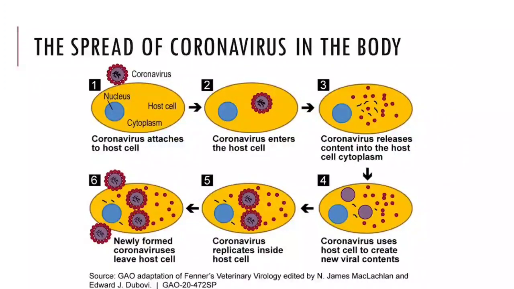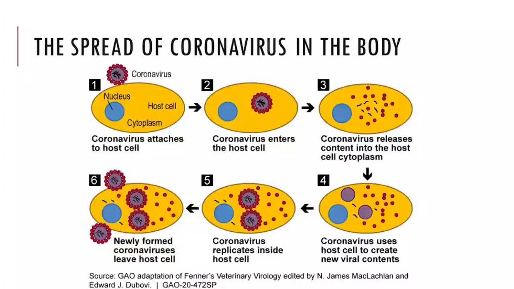To prevent the coronavirus, we have to understand the nature, how the coronavirus is being spread in our body. Now, coronavirus needs a host, so it will attach to the host cell.